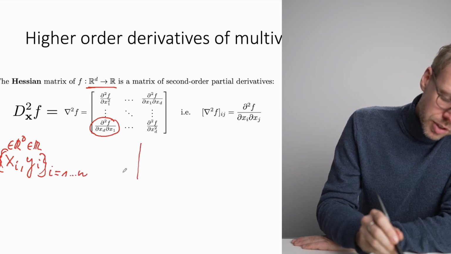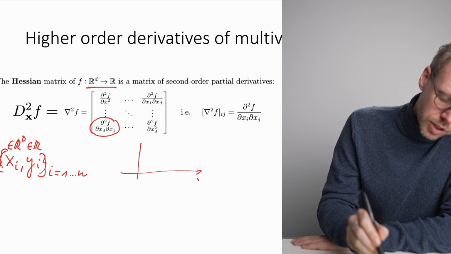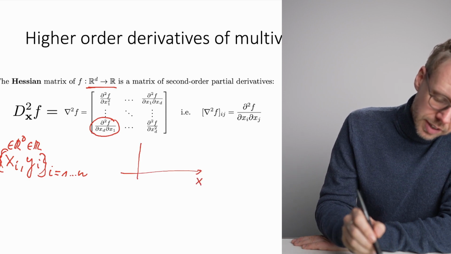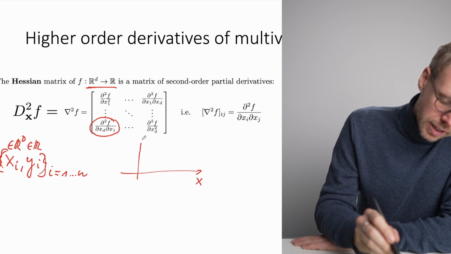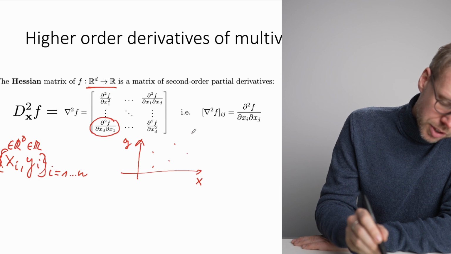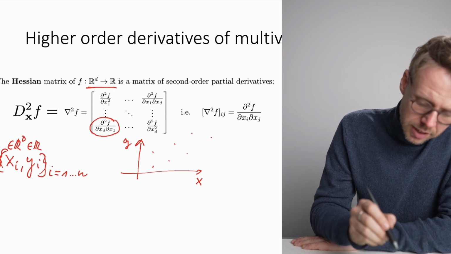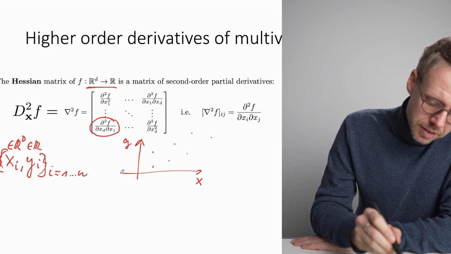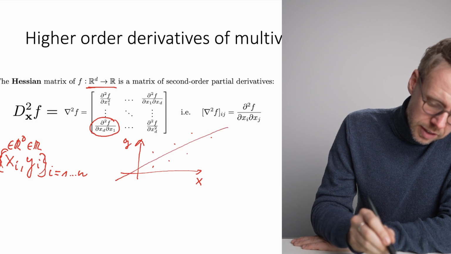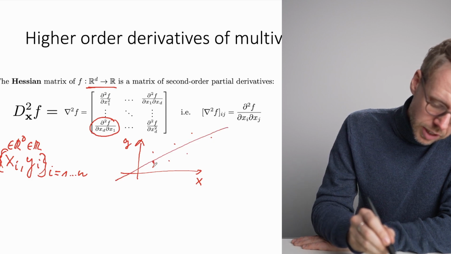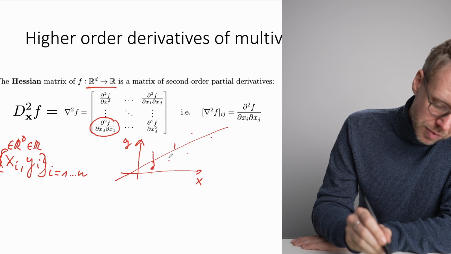Let's, for example, show only a single dimension of x, and here we have our y. If we plot our data for this one-dimensional special case, we're looking for a line that minimizes the sum of the squared differences.